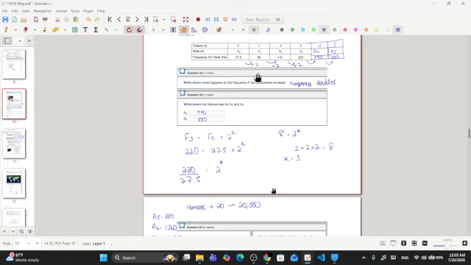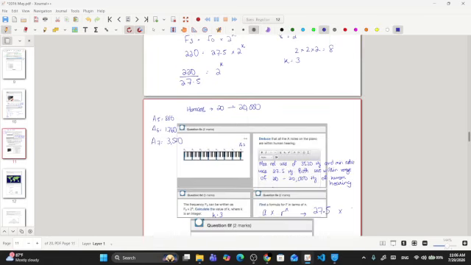So we have 440 divided by 220 or 220 divided by 110. We get the same value of r as simply positive 2, and 2 raised to the power of n as it is.